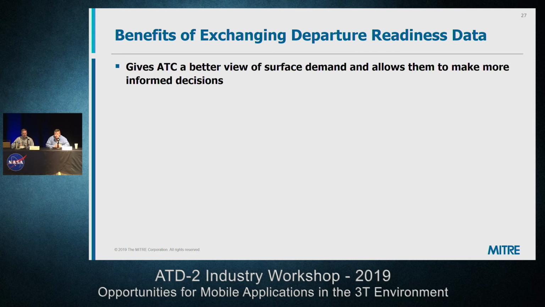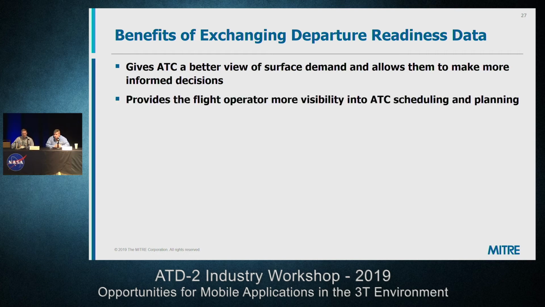You've heard in some of the earlier sessions that the greater the uncertainty, the larger the buffers that they put around these initiatives. And so if you can refine your demand predictions, increase that predictability, and reduce that uncertainty, you can start to tighten up those buffers. So that ends up potentially delaying flights less if you can have more targeted initiatives.